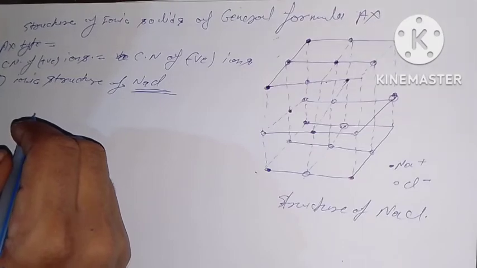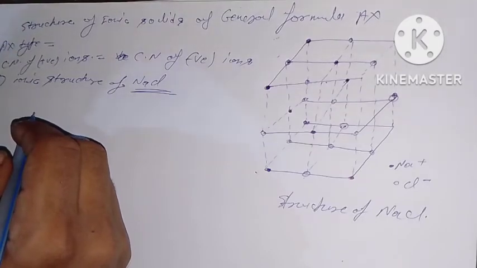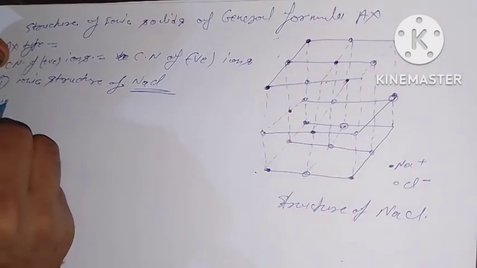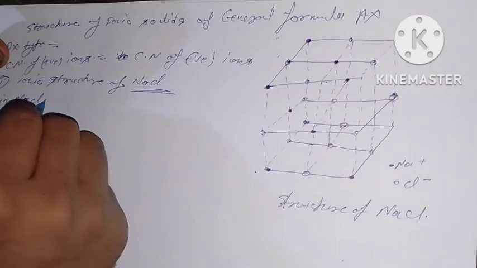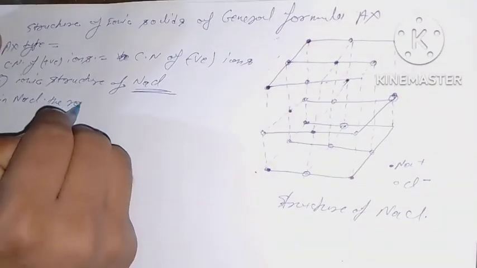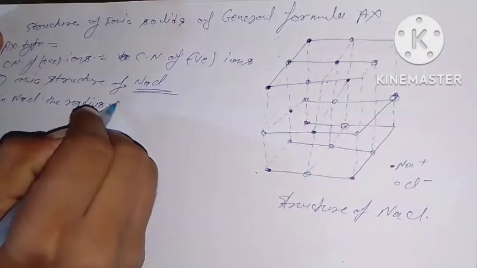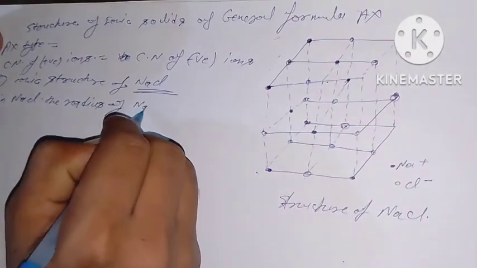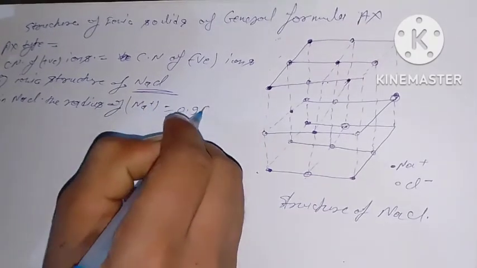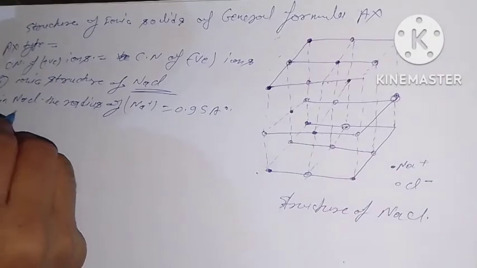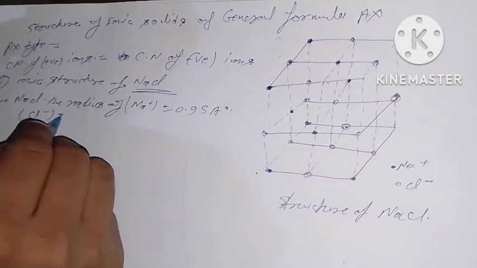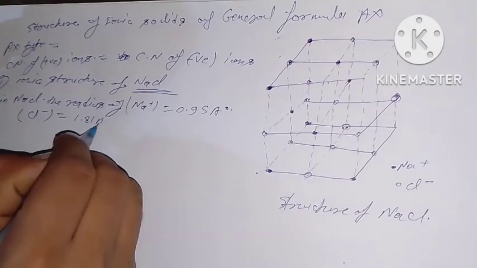In NaCl, the radius of the cation, Na positive ion, is 0.95 angstrom, and the radius of the anion is 1.81 angstrom.